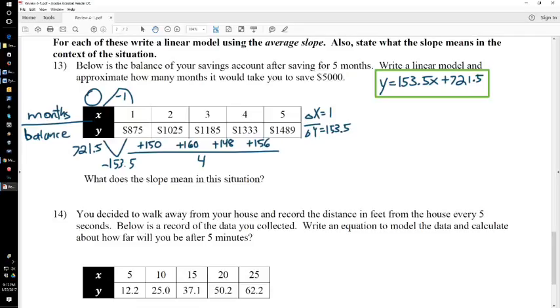Okay? The second question states, how many months would it take for you to save $5,000? Ooh, and that should be a question mark right there. So $5,000 is the balance. So we're going to plug $5,000 in for y, because y represents the balance in this case.